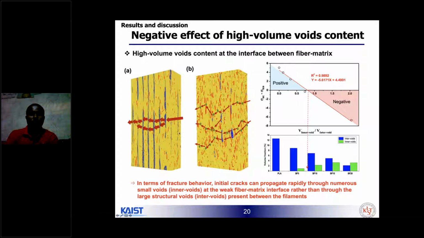On the other hand, inner void which is aligned in the tensile direction can even block the crack propagation in a perpendicular direction to the tensile load direction.